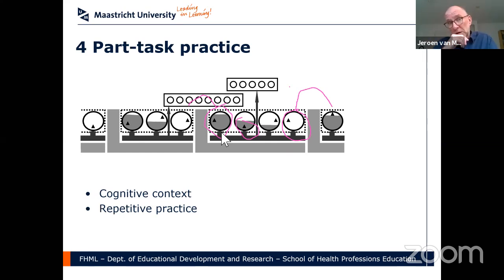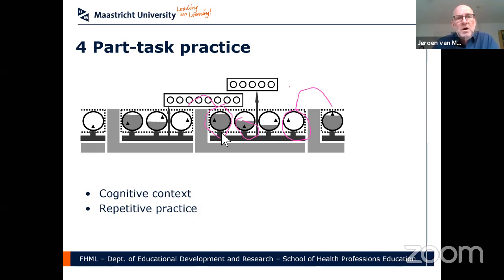And what we do then is pick out this routine aspect from a whole task and practice it in isolation, like we do on a part task trainer for surgeons, practicing dexterity skills. But also CPR or reanimation is a nice example of a part task that is trained apart from the whole task.